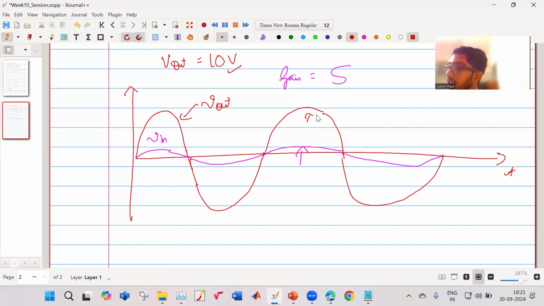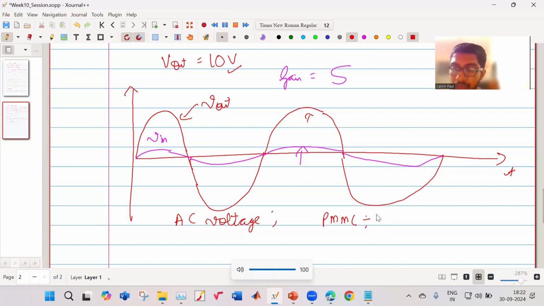But now this is AC voltage. So how will we measure AC voltage if I have a PMMC instrument? What does a PMMC instrument measure? RMS value, sir. Kind of RMS, but PMMC. No, sir, DC.